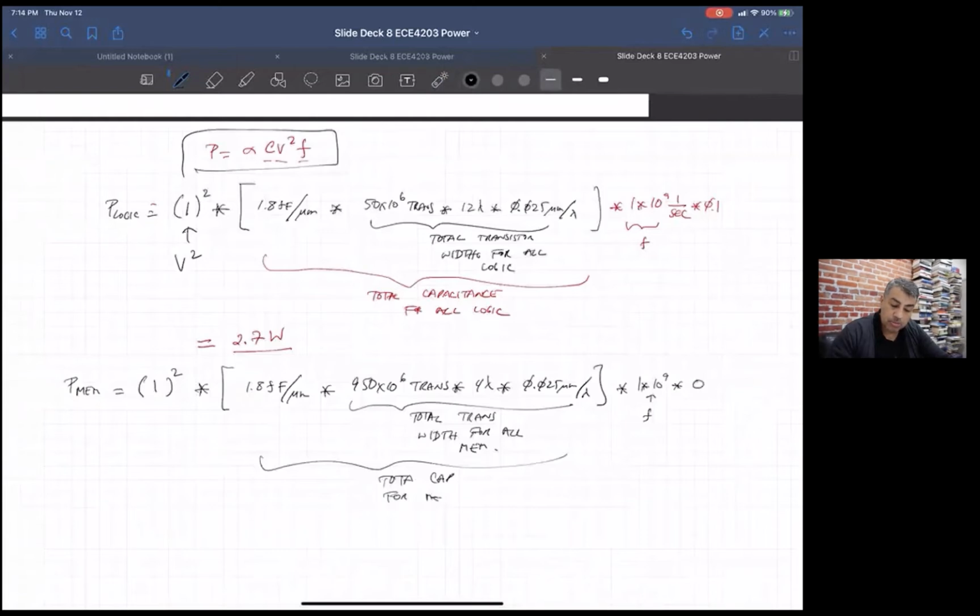Again, because if you think about memories, you're only going to go and grab words in the memory banks. And when you're grabbing stuff from memory banks, you're just addressing certain ones out of those 950 million memory cells or bits that you've stored there.